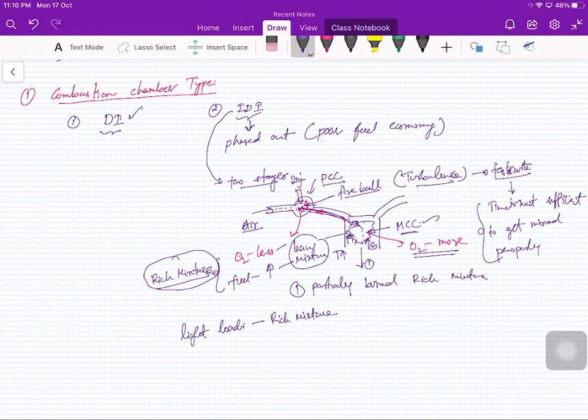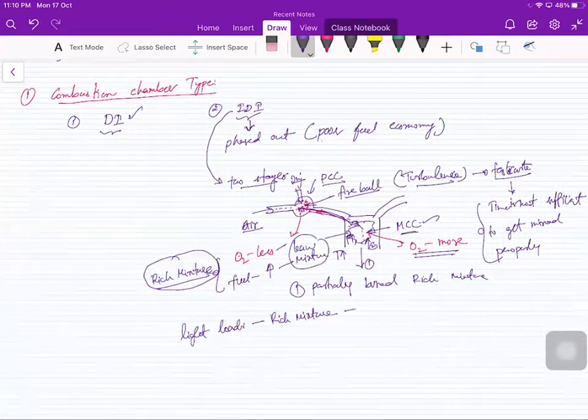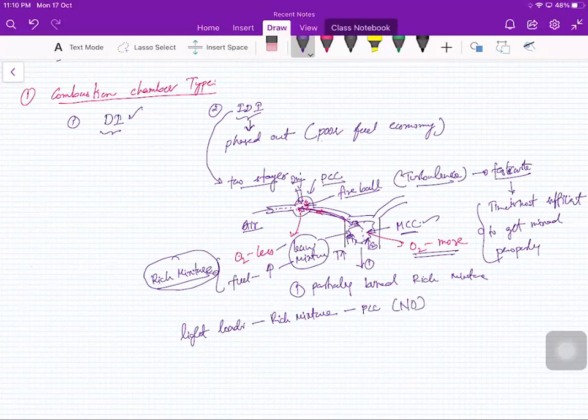So that too, it is happening in the pre-combustion chamber. So at mostly light loads, with the rich mixture, the PCC contributes more NO. So why? Because the temperature will be much higher in the PCC than the MCC. So here, the temperature in the PCC is higher.